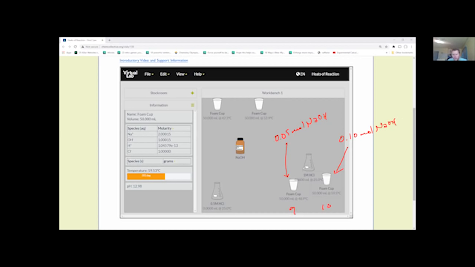Now, I've already got the temperatures there. I need to think back to, how much HCl did I add? In foam cup number 9, or trial number 9, I had 50 milliliters, or sorry, 0.05 liters of HCl times 1 molar.